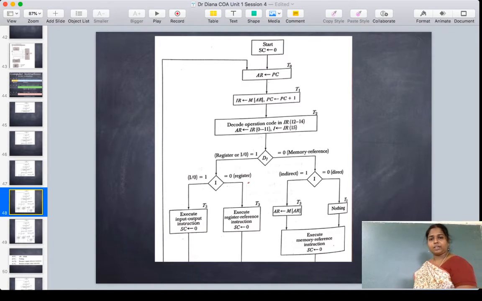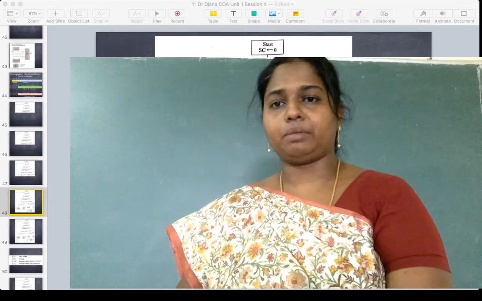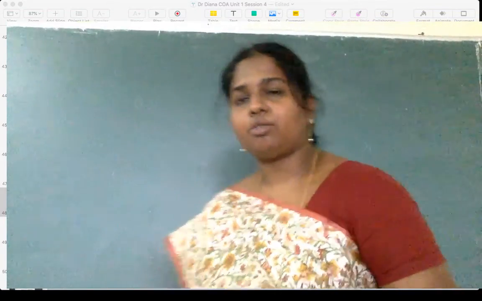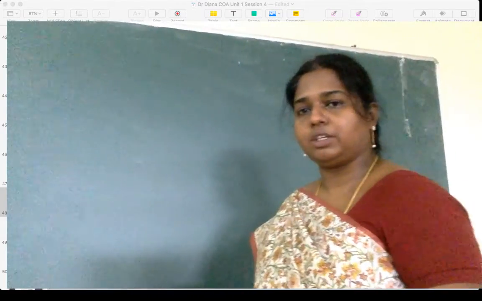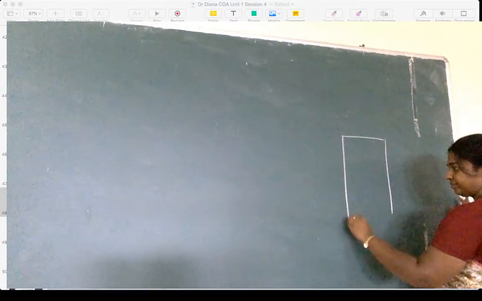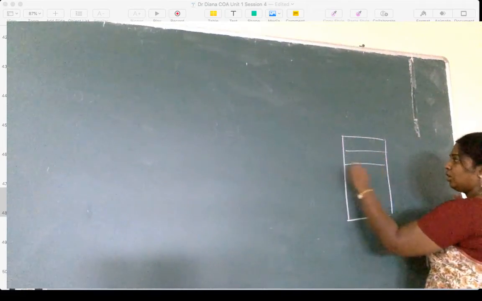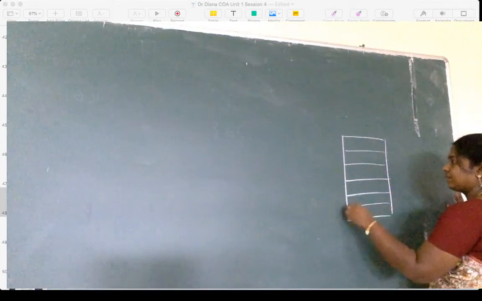To understand that, let me use the board once. That way you will be able to understand what it means. So when you try to differentiate between direct and indirect memory access, imagine this is the memory unit. In the memory unit, I have a lot of memory locations.